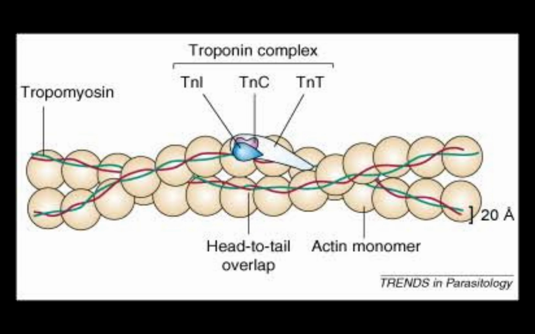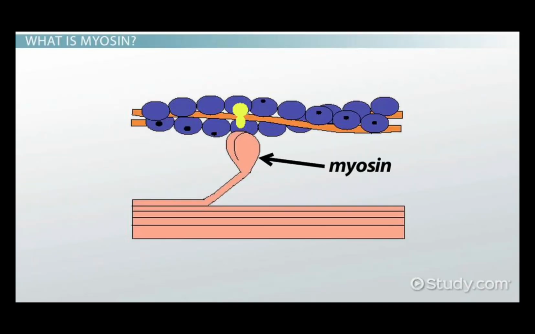So troponin T binds with tropomyosin, troponin I inhibits the combination of actin and myosin filaments, and troponin C binds to calcium. And all these three troponins are attached to tropomyosin, and tropomyosin is wrapped around the thin actin filaments. The function of tropomyosin and these three troponins is to control the contraction and relaxation phase of muscles.